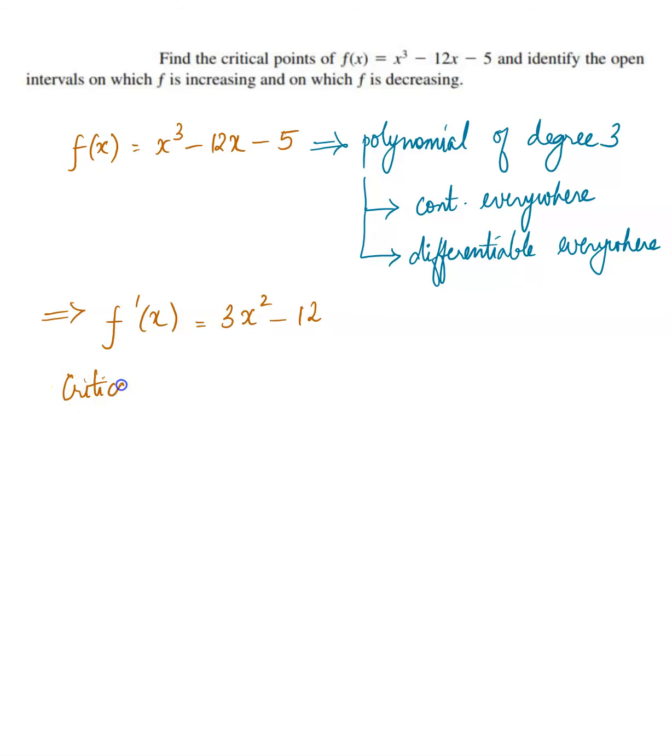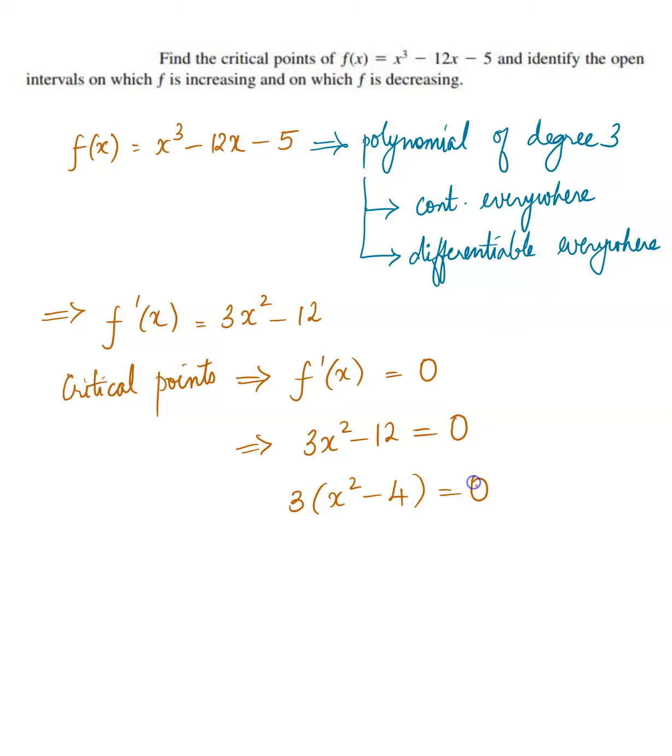So to find the critical points, we need to set this f prime of x to be equal to 0. And that means 3x squared minus 12 equals 0. As always, do your GCF, which is x squared minus 4, and then factorize it.